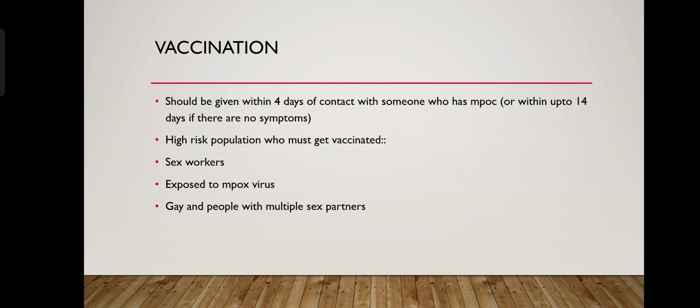The high-risk populations who must get vaccinated are sex workers who have been exposed to monkeypox virus in the past 2 weeks, people who have gone to cities where monkeypox exposure is great, health workers at risk of high exposure because they are facing the monkeypox virus first, men who have sex with men, and people with multiple sex partners.